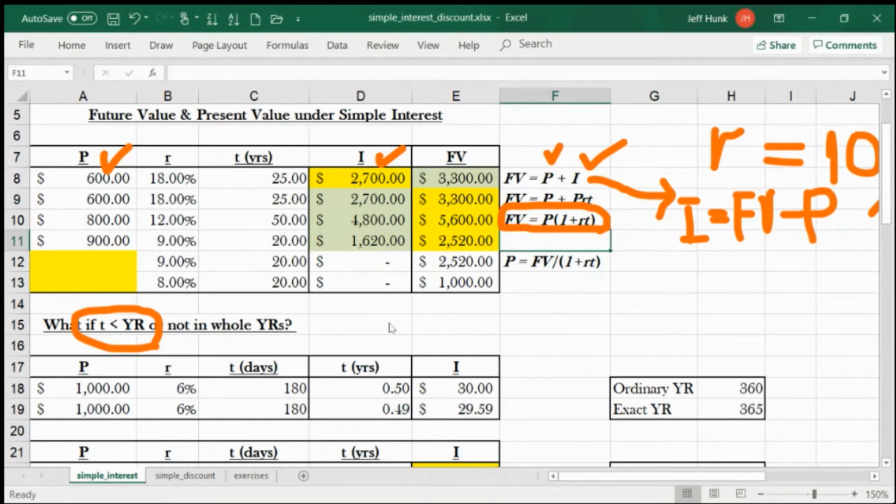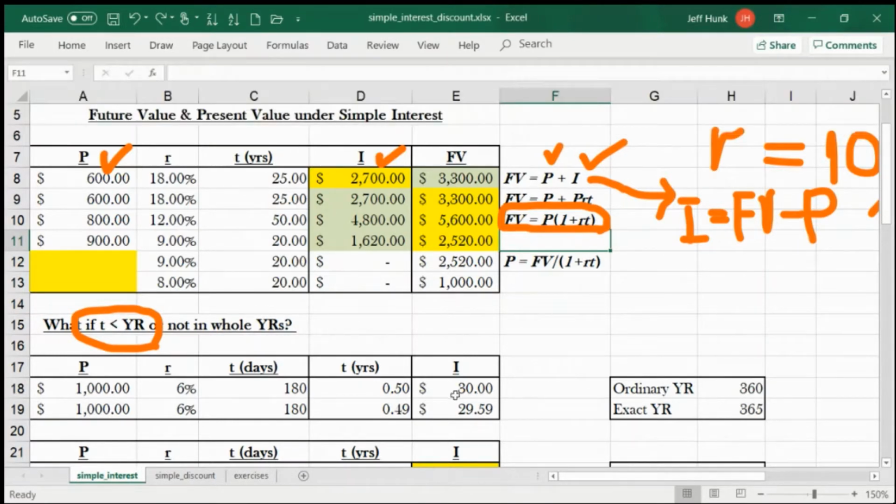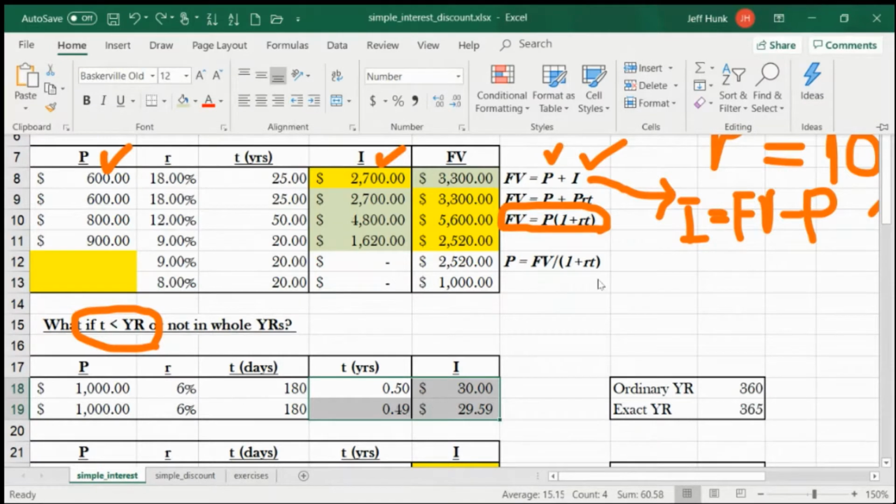So for example, let's take a look at this example. Let's do this. I'll just delete these rows.